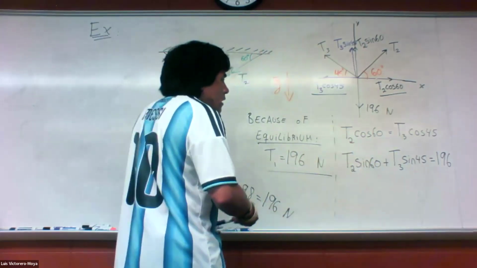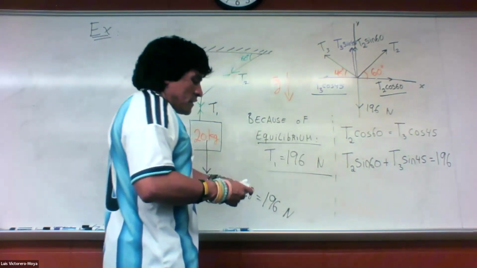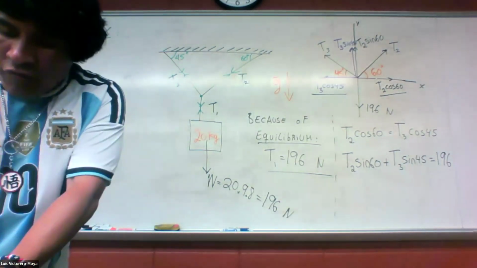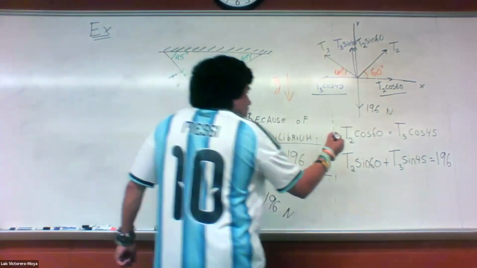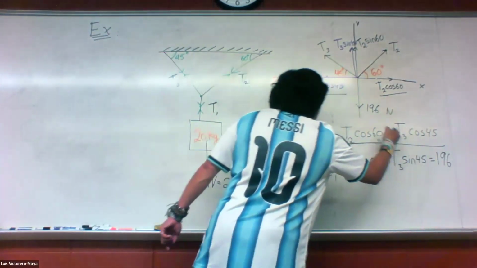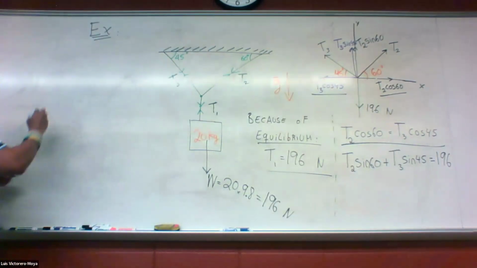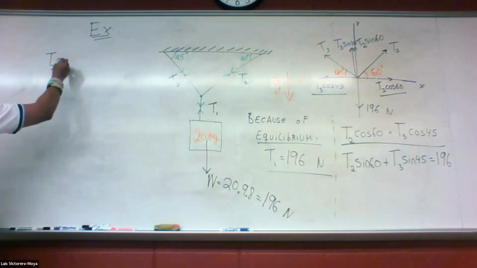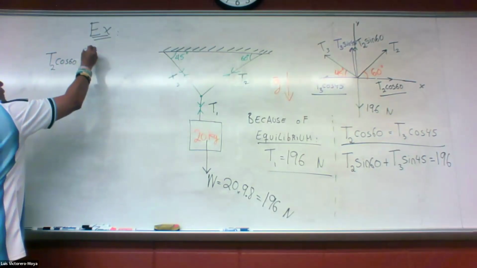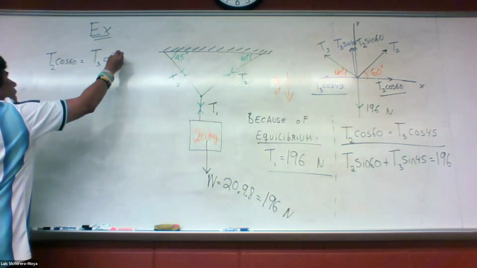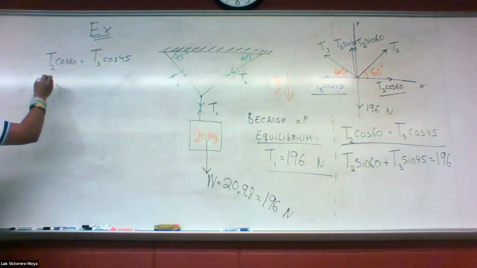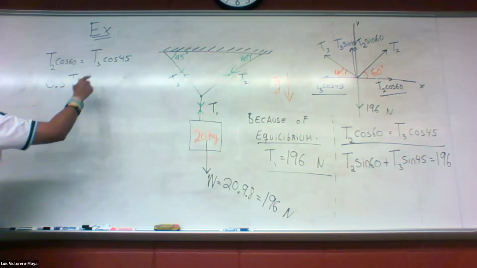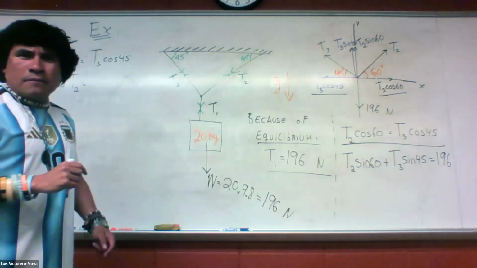So the strategy will be: cosine 60, cosine 45. So what's cosine 60? It's 0.5, right? So the first equation, I'm gonna write here: T2 cosine 60 equals T3 cosine 45. Cosine 60 is 0.5. So 0.5 T2 equals cosine 45, which is 0.77, right?